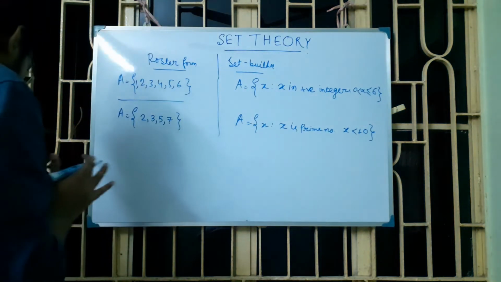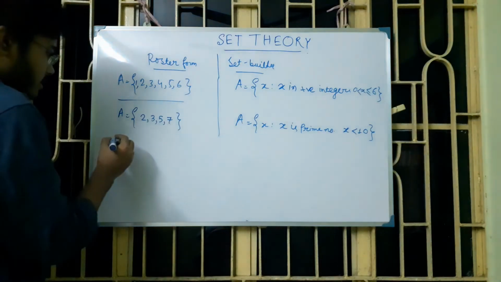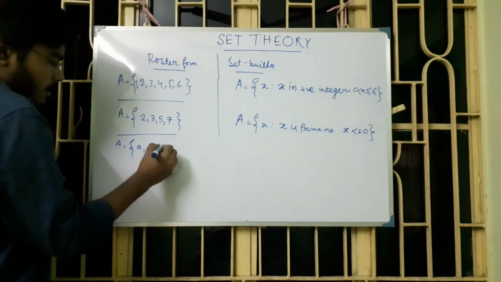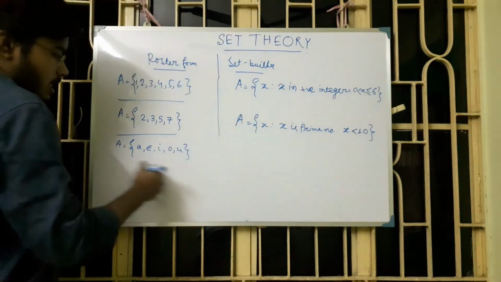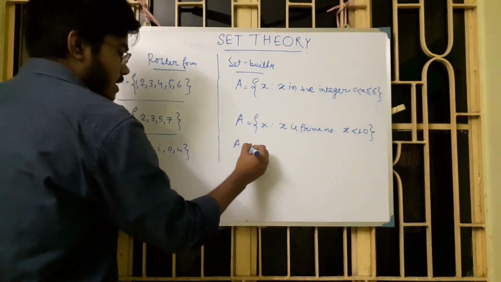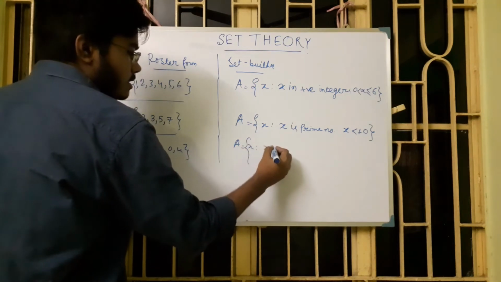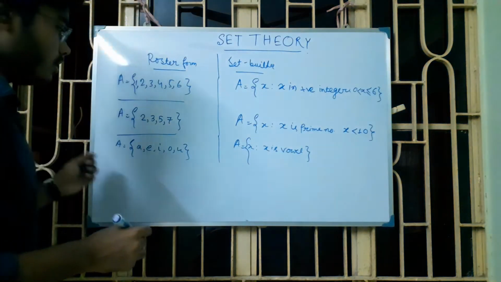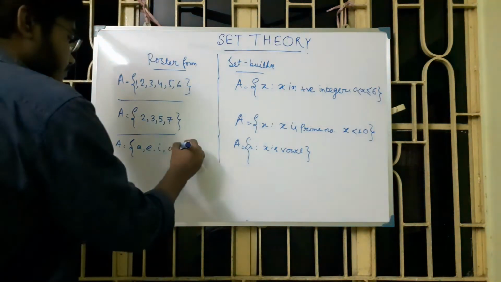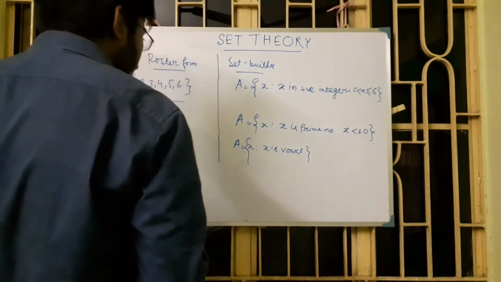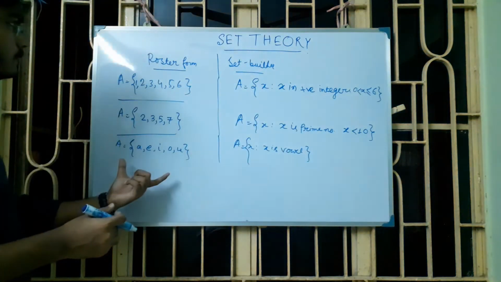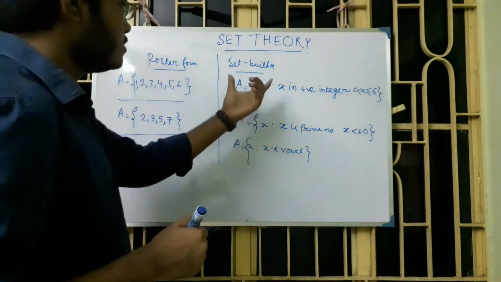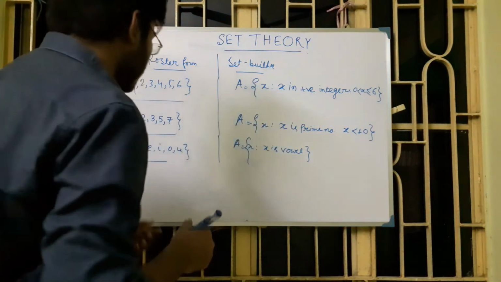And let's say a set in English literature, {A, E, I, O, U}, we can define as {x : x is a vowel}. In this roster form a set is represented, and in this set builder form a set is also represented.